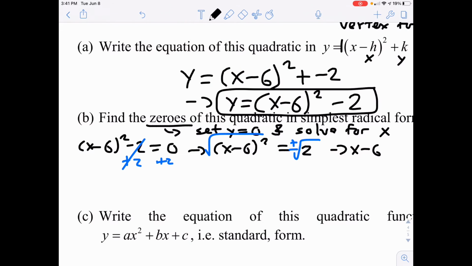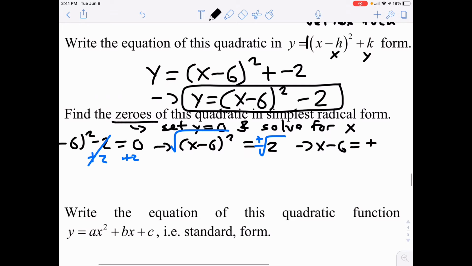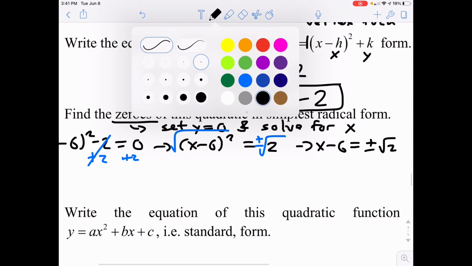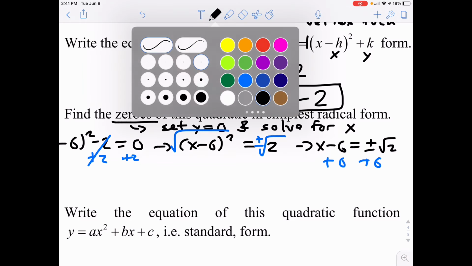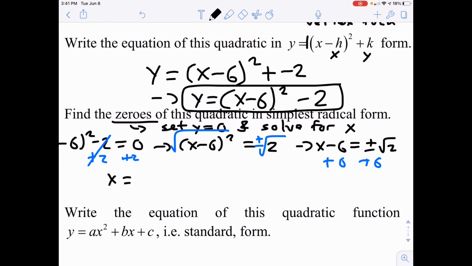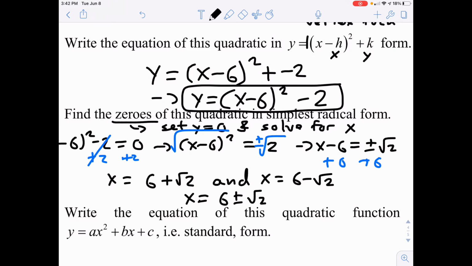And we get x minus 6 is equal to plus or minus radical 2. And we'll go ahead and add 6 to both sides. So the x-intercepts, or the zeros, would be at x equals 6 plus the square root of 2 and x equals 6 minus the square root of 2, right? Or you could simply write it x is equal to 6 plus or minus square root of 2.